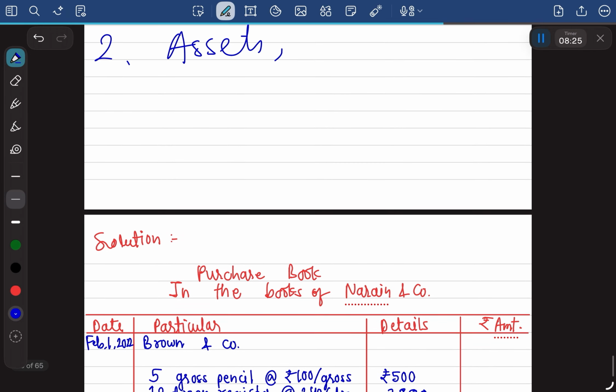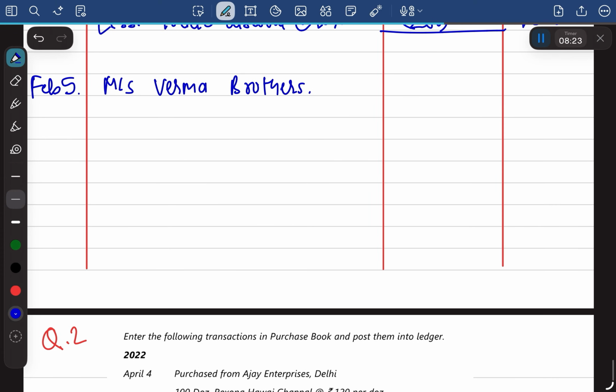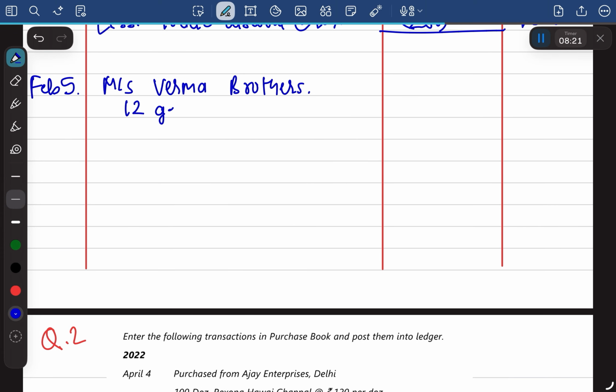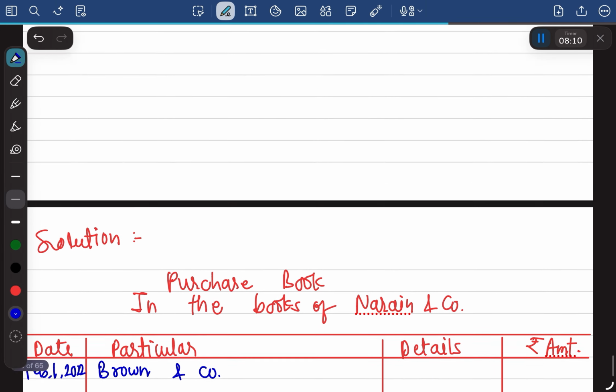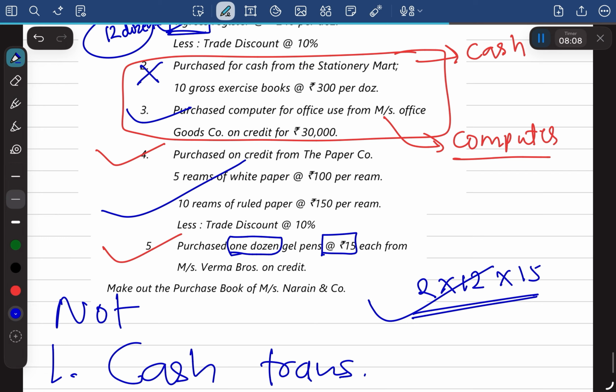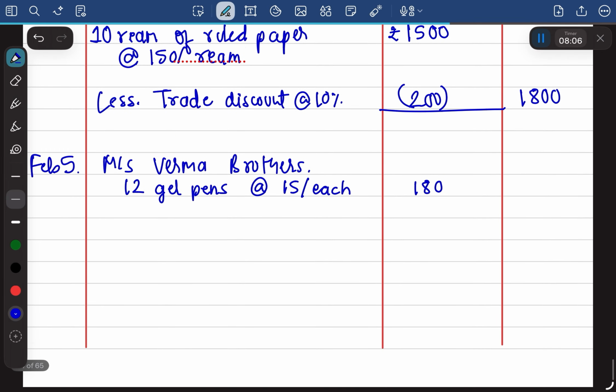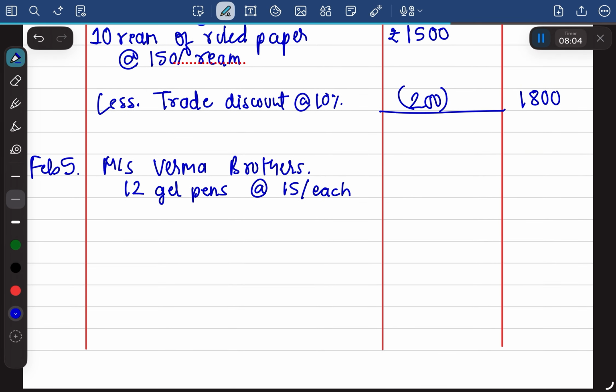We purchased 1 dozen, meaning 12 gel pens at the rate 15 per each. So it will be 180 rupees. And anything else? Nothing. So in this transaction, if there is no specific detail, I can write 180 here directly.